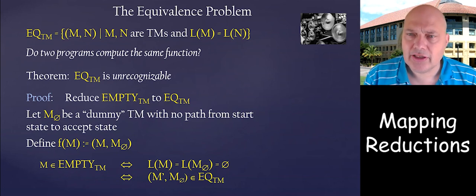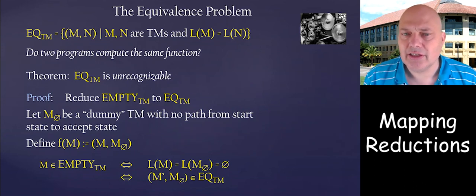We didn't invest too much time in it, but this is one ingredient you need to argue all the time. And then to show an if and only if, that the input to the reduction is in the first language if and only if the output is in the other language.